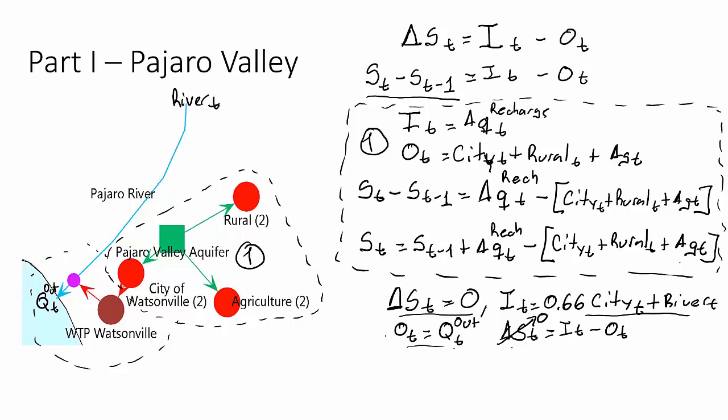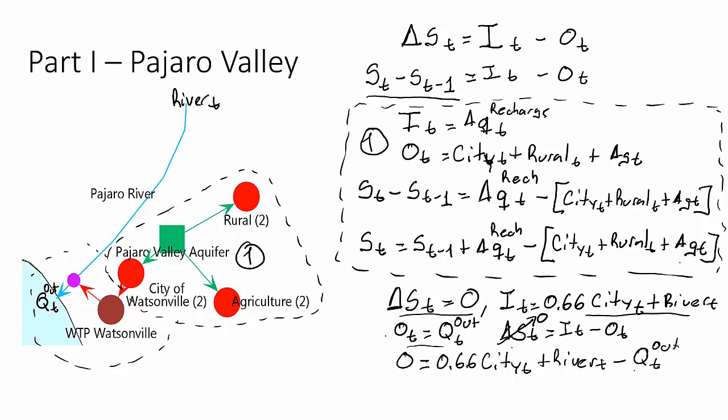So 0 will be equal to 0.66 of the city plus the river minus the outflow into the ocean.